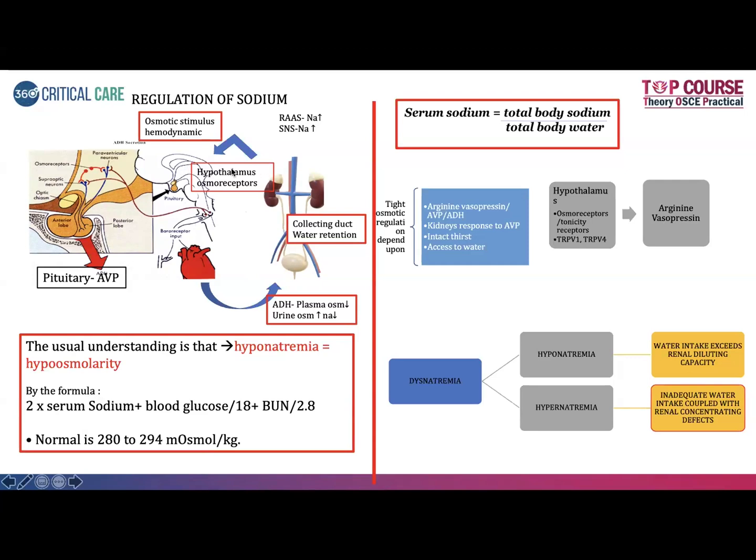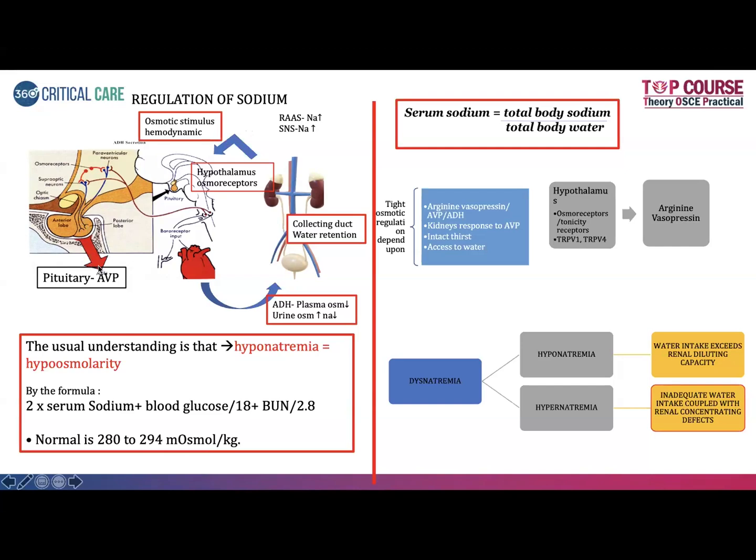The hypothalamus responds in the form of increasing thirst and thereby increasing the water consumption. Other thing would be it will increase the production of ADH or arginine vasopressin, okay, or antidiuretic hormone, which is released from the posterior pituitary.